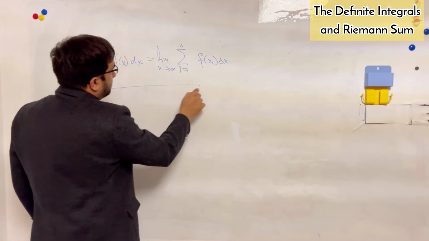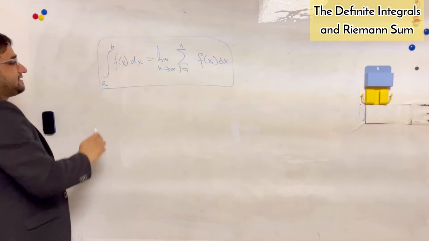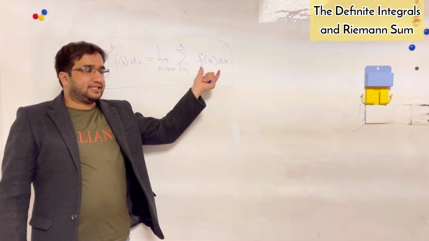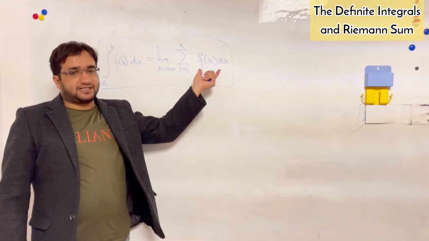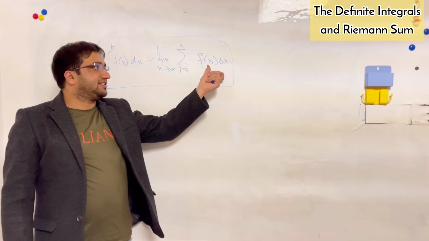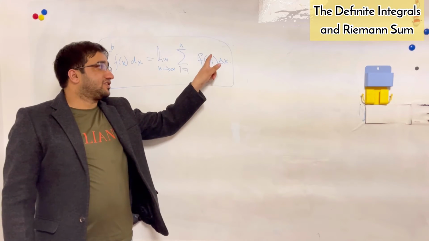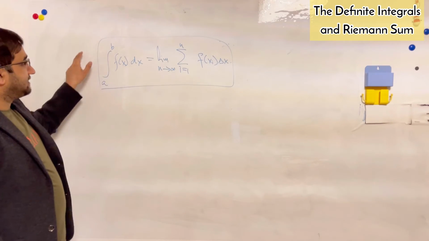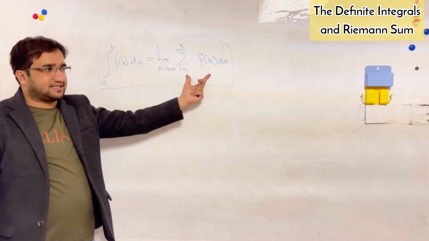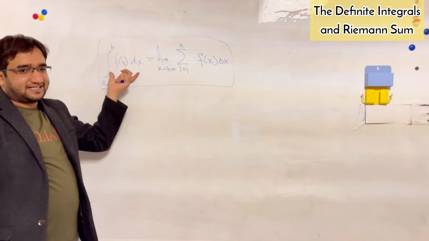If somebody is interested to know this using the midpoint, he will tell you. If right endpoints, he will tell you. If left endpoints, he will tell you. In general, just write this. No need to put an asterisk on it. So this is the general formula. On the right hand side is the Riemann sum. On the left hand side is the definite integral.